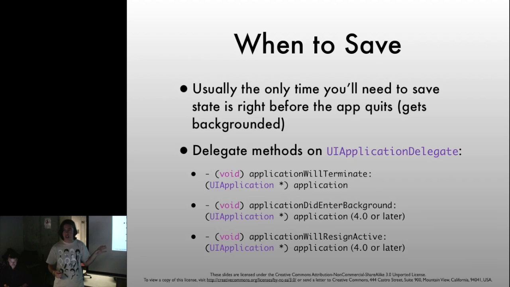Will resign active is when your application is about to become the non-active application, and then did enter background is actually after it's gone into the background. So these are the logical places in your app delegate to know when you're about to be quit. If you have any data that you absolutely have to have saved, so you can remember where the user was next time the application launches, this is a good time to fire off that saving code.